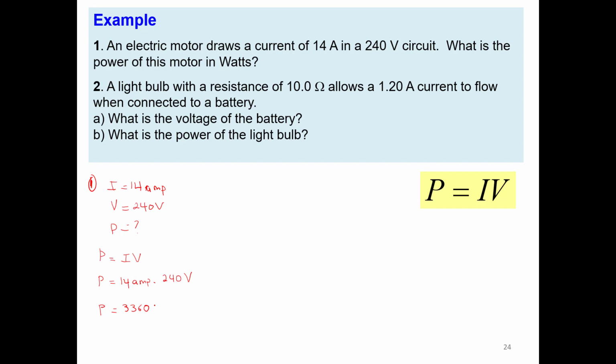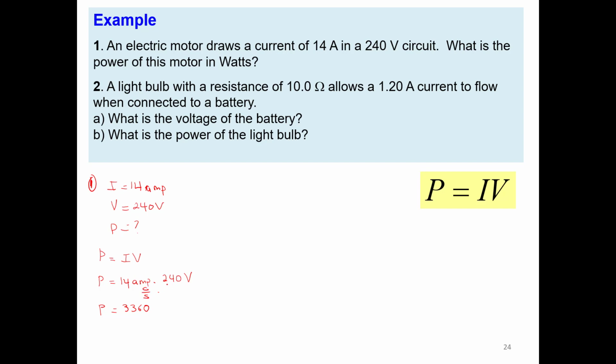3,360. Now what units did we expect here? Because it's a power, we expected watts. And let's review this again. We had ampere. We know ampere is coulomb per second.